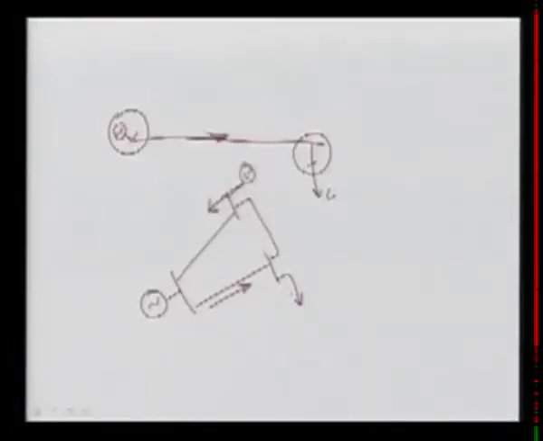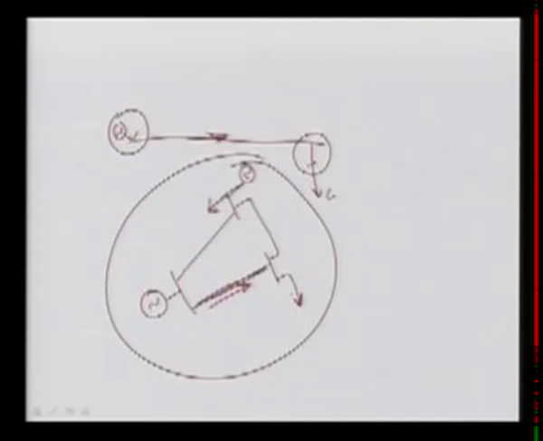What happens? Normally, I'll tell you one example. Let's suppose here this is a line, the load is here, and this system is running smoothly. If this line is tripped, what will happen? This complete power will flow through this, and there may be a possibility this line will get overloaded.